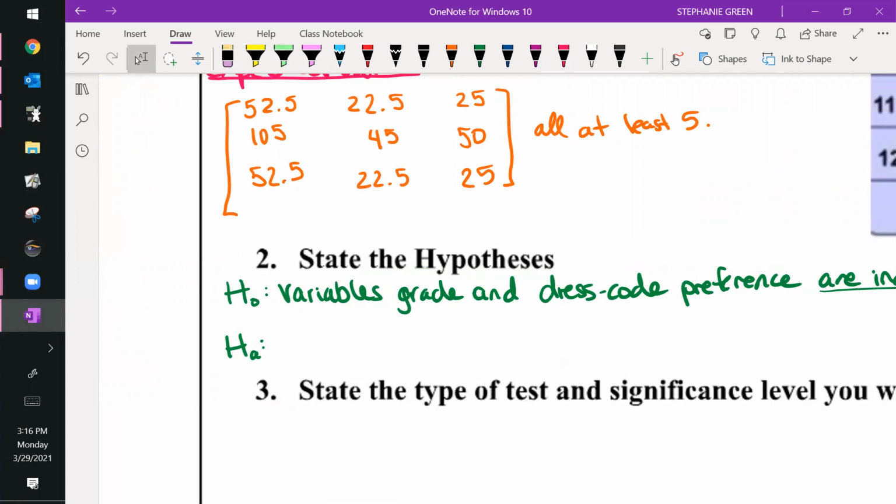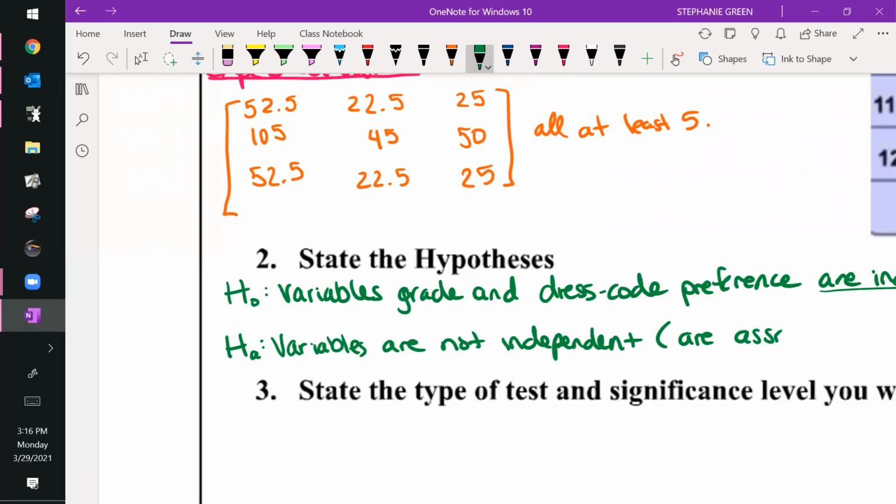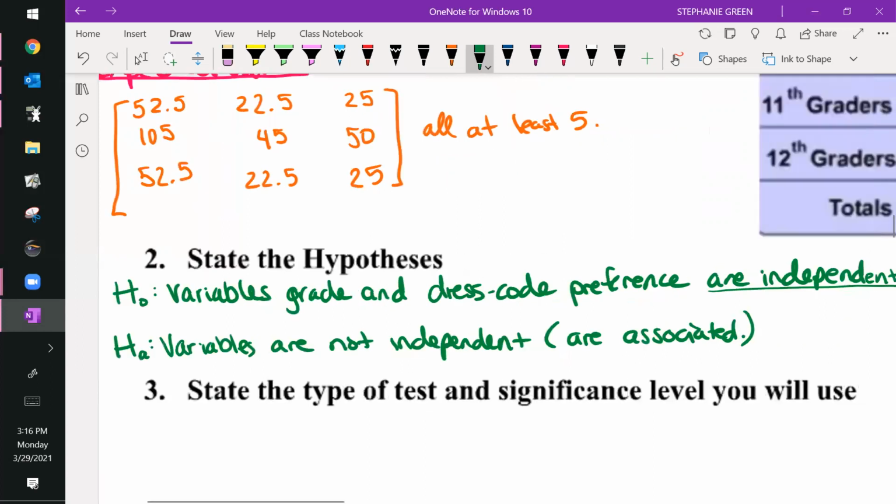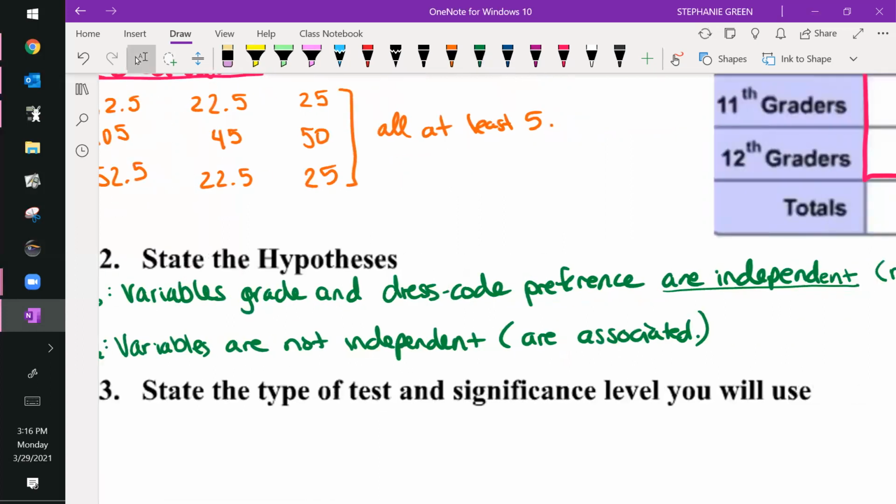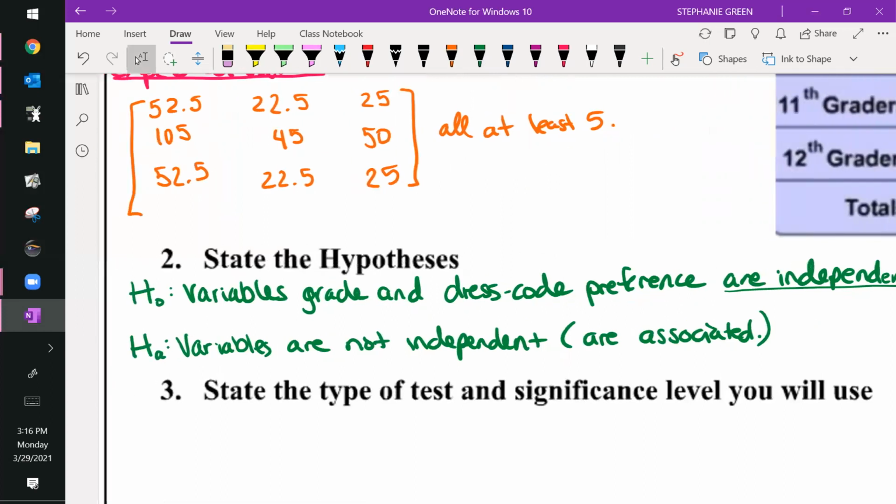It'd be that the variables are not independent, which would also mean that they are associated. And remember, with any significance test, we are attempting to reject our null hypothesis so that we can support our alternative hypothesis. Okay, we want to show that there is an association between these two variables. And we're going to do that by rejecting our null.